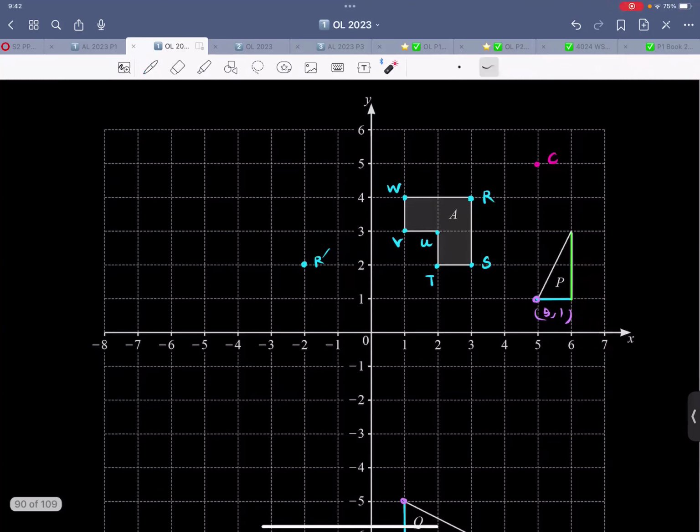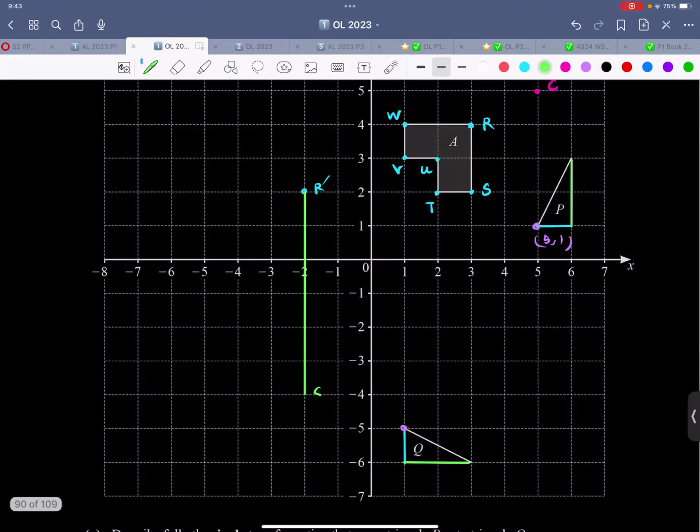Now RS is how many units high? 2 units. Because of scale factor 3, it will become 3 times the size, that should be 6. So I'm using the ruler. This is 1, 2, 3, 4, 5, and 6. That is where we will stop, and I'll mark this as S.